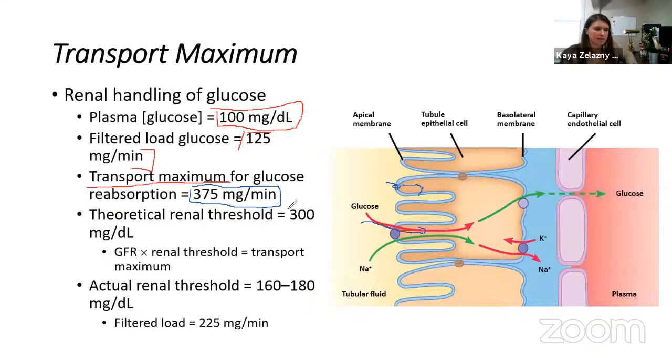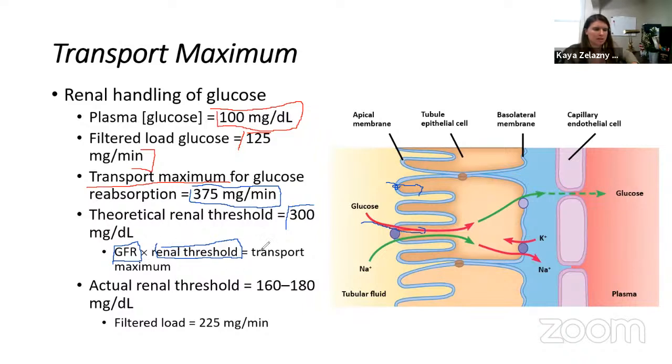Or we have some slightly different numbers because this also depends on the GFR. So to get the transport maximum, the way we did it was we multiplied the GFR by the renal threshold to get our transport maximum, I should say.